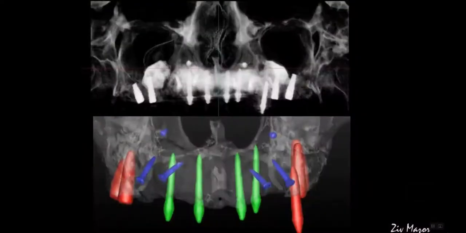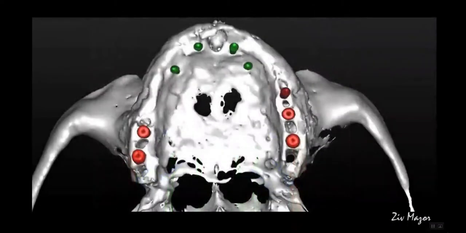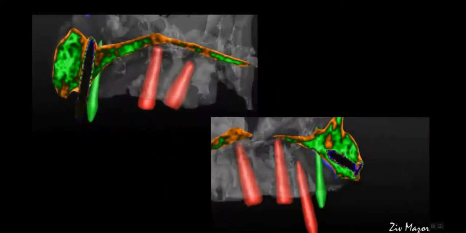So now we can go ahead, and after having the CBCT done, we can expose the bone, place implants in the front, and take out those minis. Here you can see on a nice reconstruction the amount of bone that was fabricated on the buccal aspect.